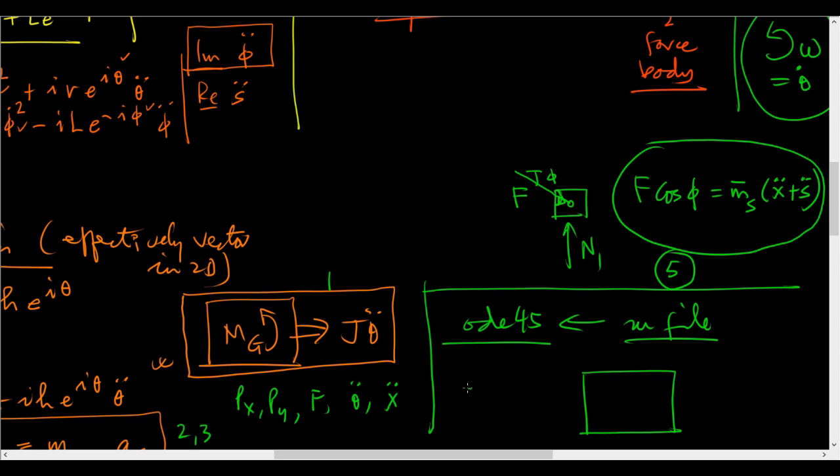Inside this we send time t, which we don't use, and we send the vector theta, theta dot, x, x dot, and it returns theta dot, which of course it just shifts over, it knows that, theta double dot, x dot, x double dot. That's what it returns.